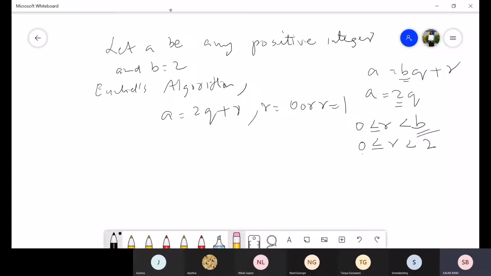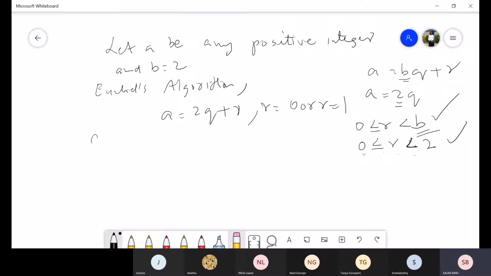So we can take 0 and 1, because R should be less than B. That is why we are taking R equal to 0 or R equal to 1.